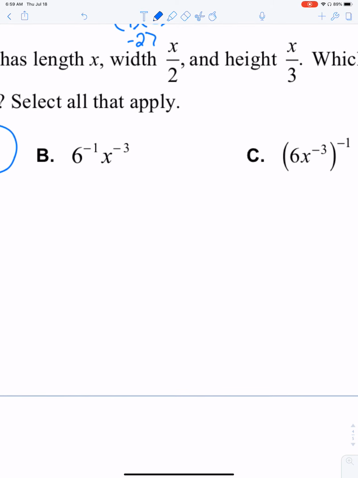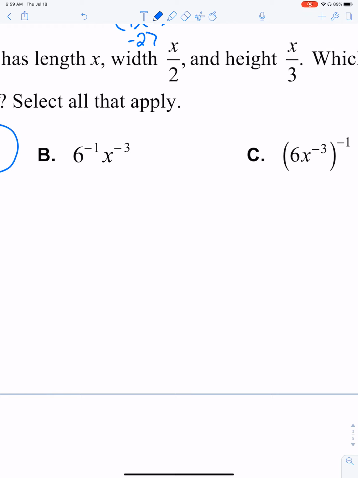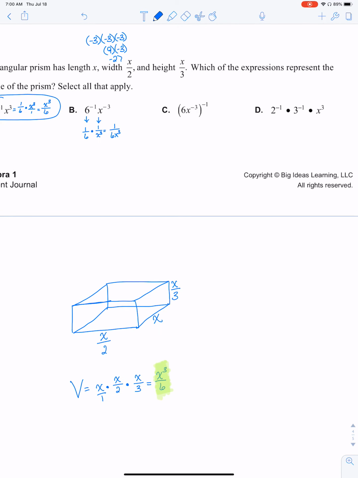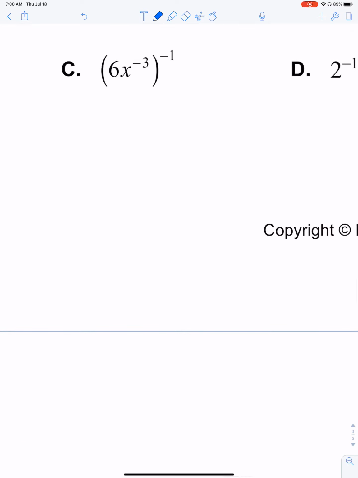Okay, part B, 6 to the negative 1, that changes to 1 over 6, times x to the negative third changes to 1 over x cubed. So that becomes 1 over 6x cubed, and that is not looking like what we wanted. So we move on. All right, part C, we need to distribute that negative 1.